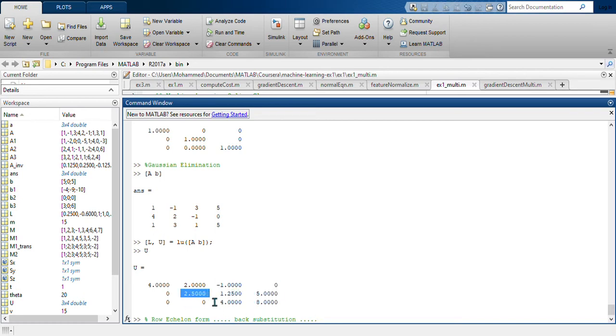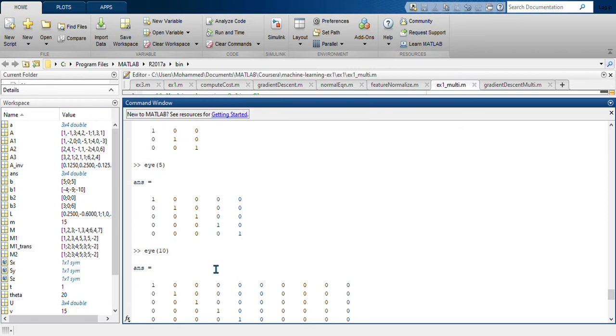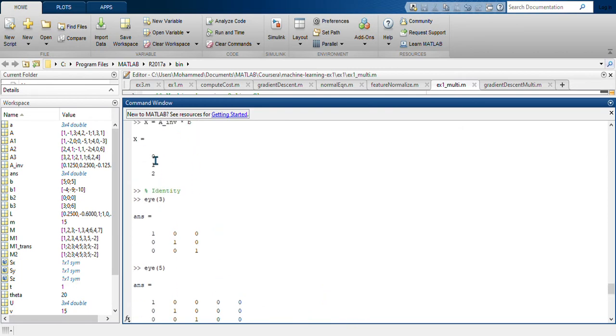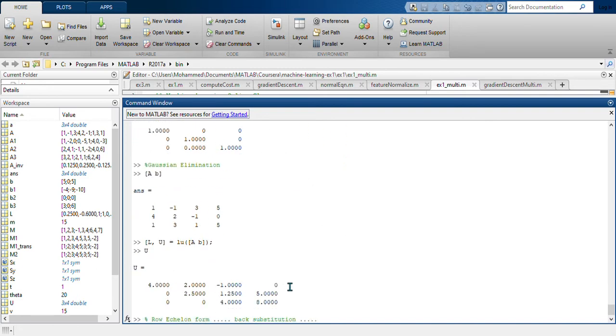So that will be 2.5 y plus 1.25 z equals 5. And substitute the z equal to 2 here, you will get the value of y, and then substitute the y and z in this equation. That should give you the value of x. And clearly you see that when you back substitute and find the answers, so I'll leave it to you to verify it, you will get the same answer as in here. So that's the Gaussian elimination part.